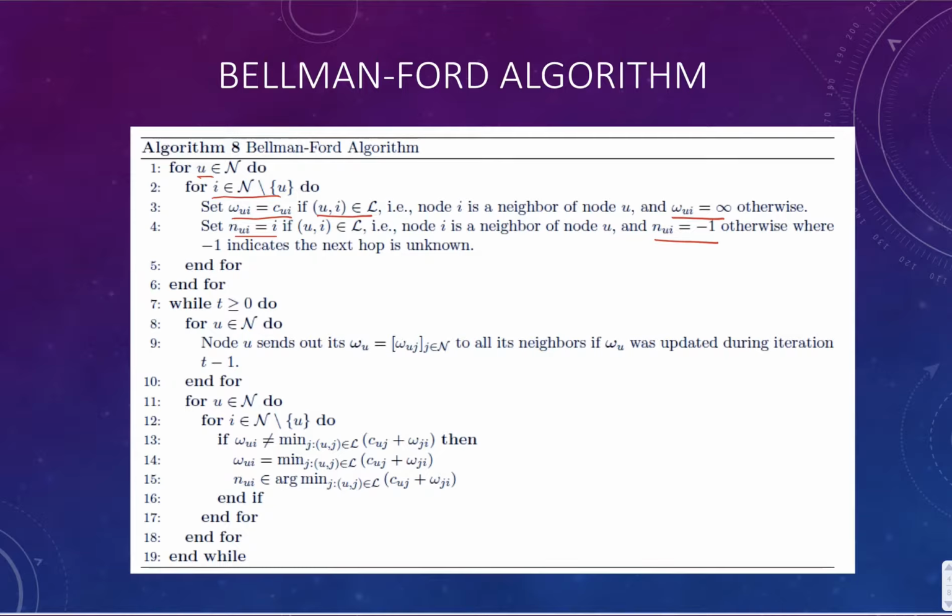Okay, now here's the main iterative step. Each node U sends out its current costs to all of its neighbors. Of course, only if this cost was updated during the previous iteration.